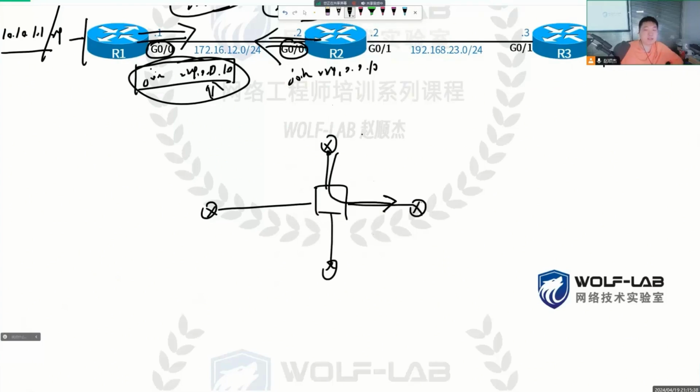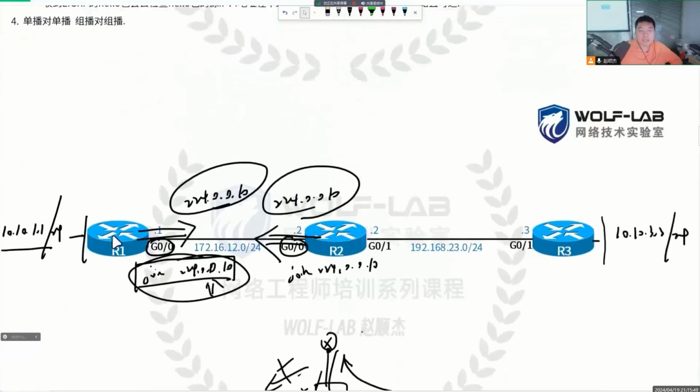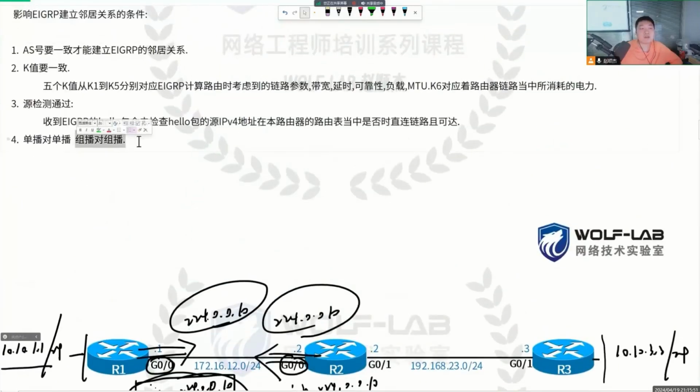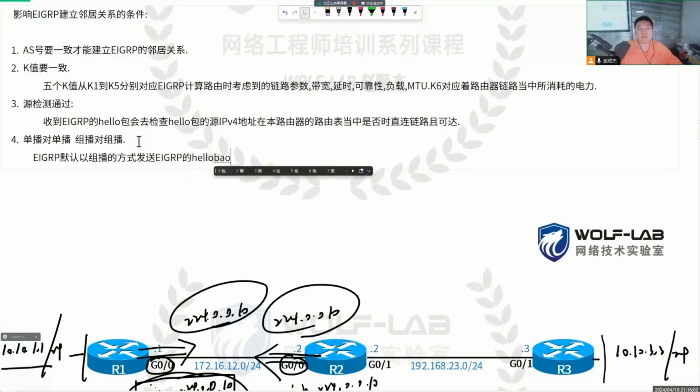By default, EIGRP uses multicast to send packets. Default to multicast: send EIGRP hello packets, and multicast route entry updates. Except for the update when establishing neighbors, which is for determining reliability. Students, don't forget that when we just established neighbors, the update is sent through unicast.